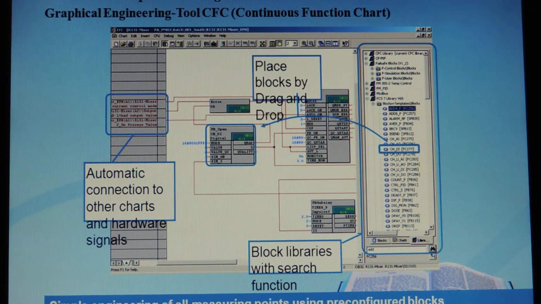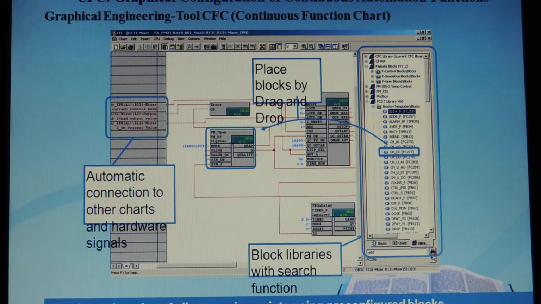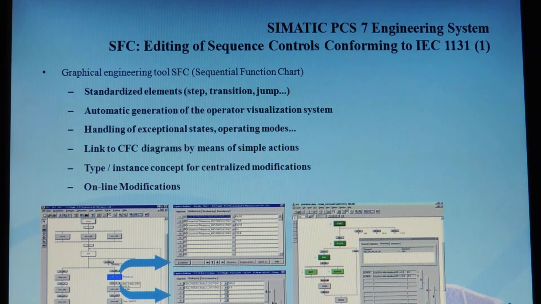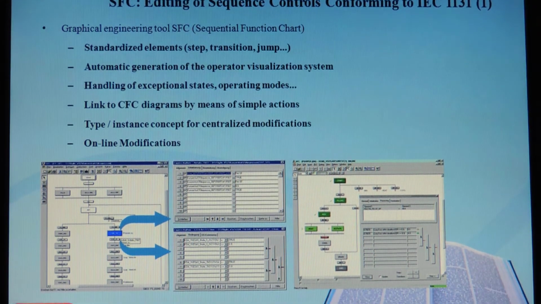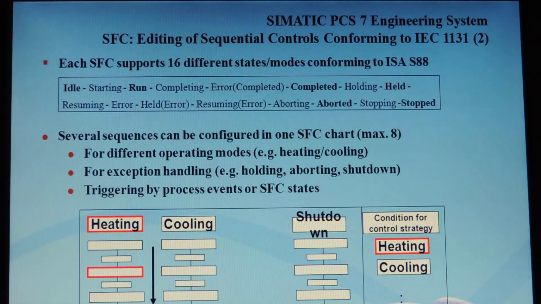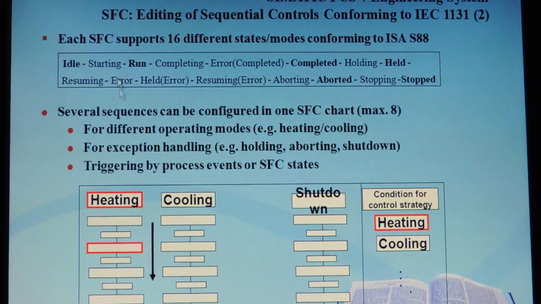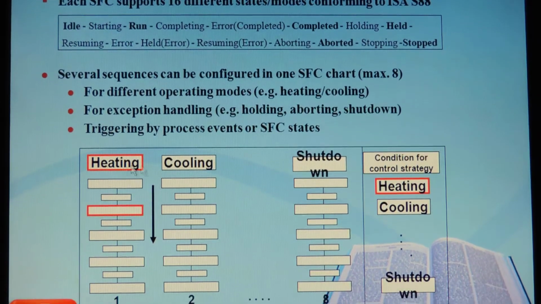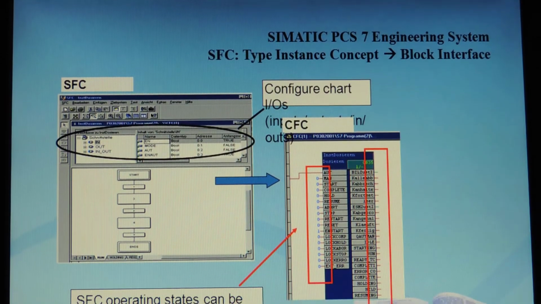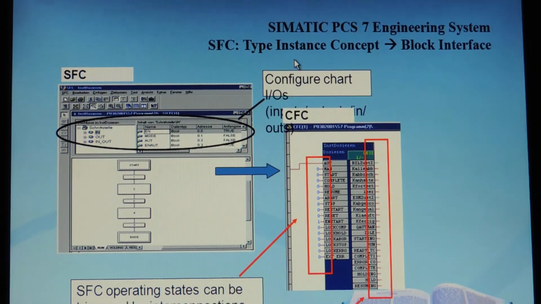See, this program we implement in CFC, and the second language is SFC, Sequential Function Chart. And these are a few examples of how to implement the SFC program: heating, cooling, like this. And this is the program of SFC.